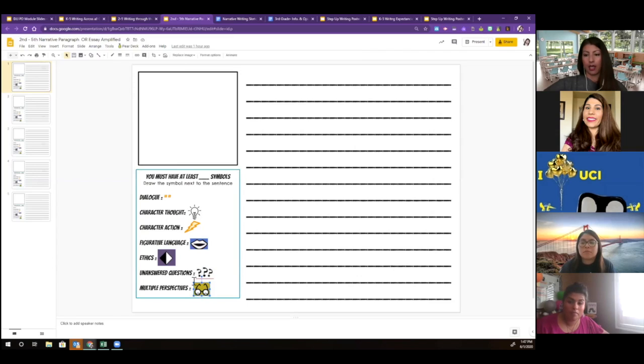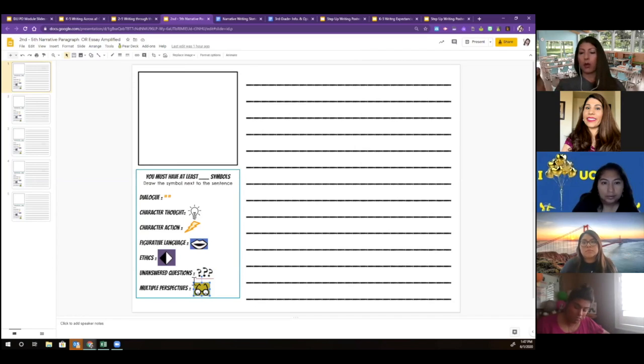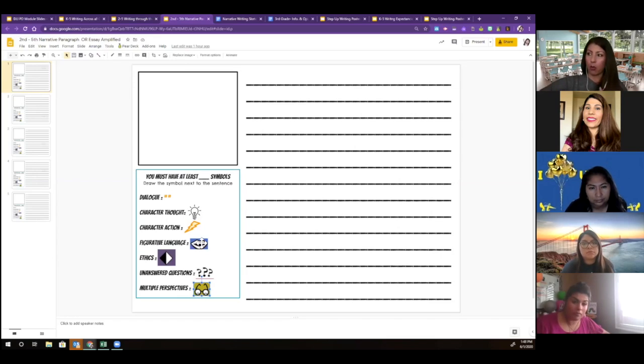There are ways to get our students to be thinking a little bit deeper and more complex with what they're learning. We added them here because we want to make sure they incorporate that deeper and more complex thinking while they're generating the story to respond to the prompt. We'll talk more about what those look like in our last module.